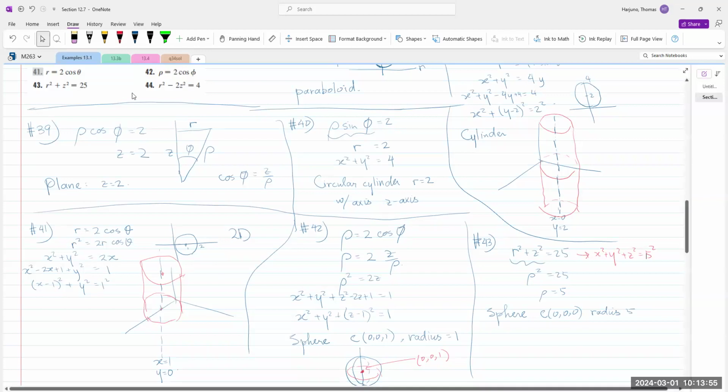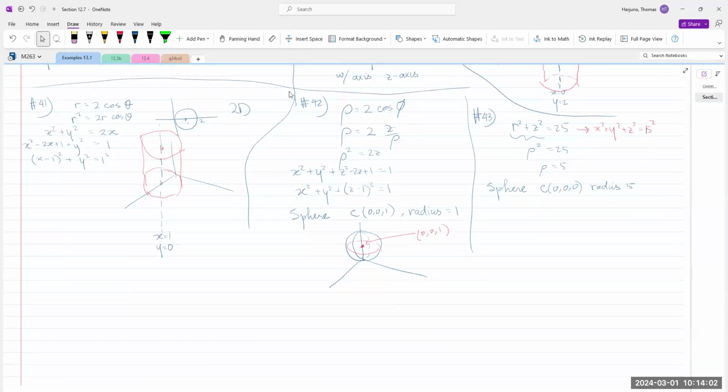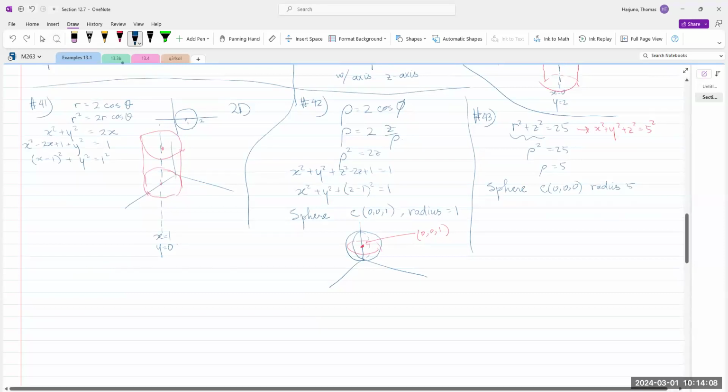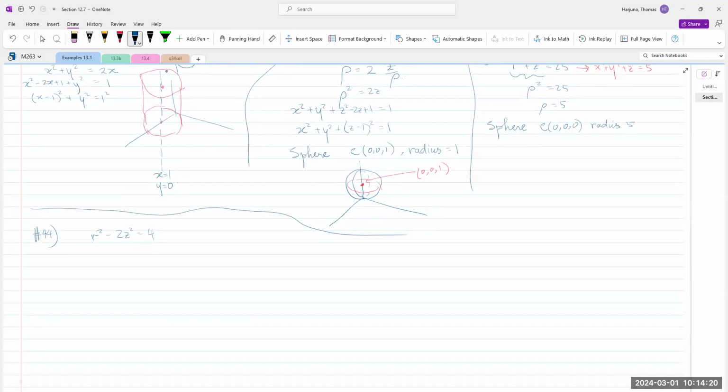Number 44, r squared minus 2z squared equals 4. But r squared is x squared plus y squared, so x squared plus y squared minus 2z squared equals 4.